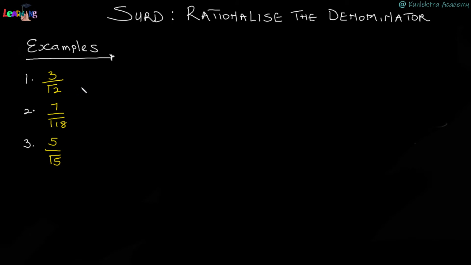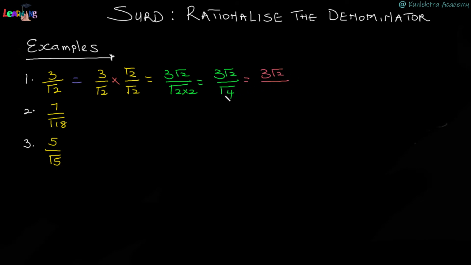From my previous illustration, to rationalize this denominator, you multiply the numerator and the denominator by root 2. So you have 3 over root 2 times root 2 over root 2. 3 times root 2 gives 3 root 2, over root 2 times root 2, which is root 4. Finally, 3 root 2 over the square root of 4, which is 2. That is the first question.